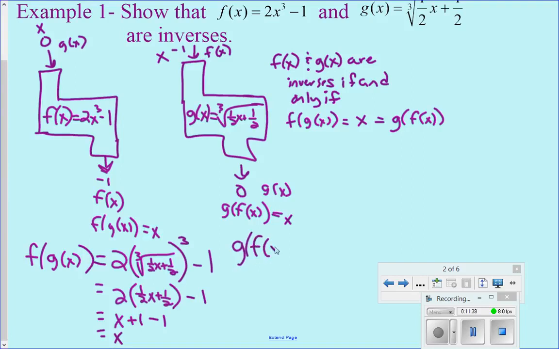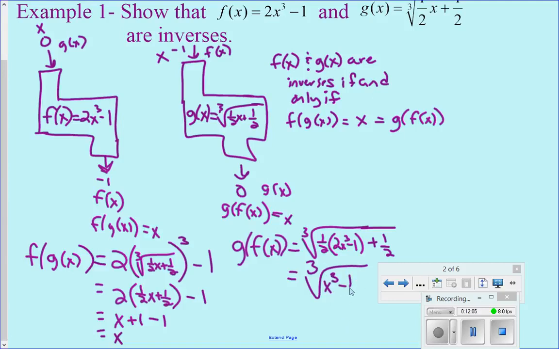So g of f of x means I'm starting to write the g function, so cubed root of, I have 1/2, instead of writing x, I'm putting 2x cubed minus 1 in its place. And then after the x, I have plus 1/2. So I have the cubed root of 1/2 times 2x cubed minus 1. Well, 1/2 times 2x cubed is x cubed, and 1/2 times negative 1 is negative 1/2.